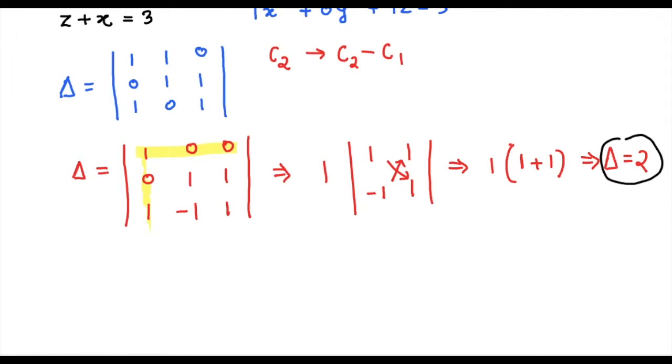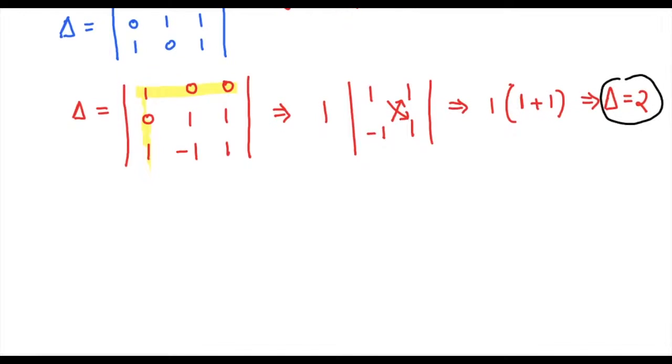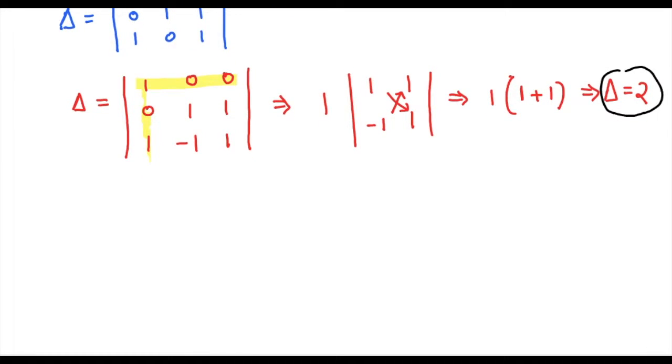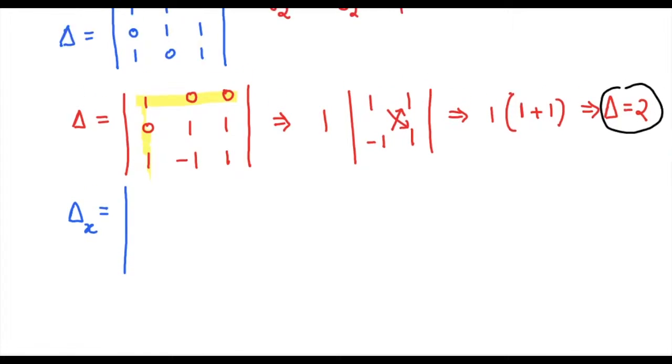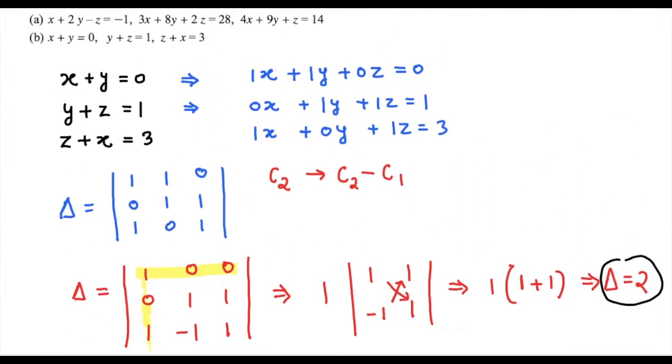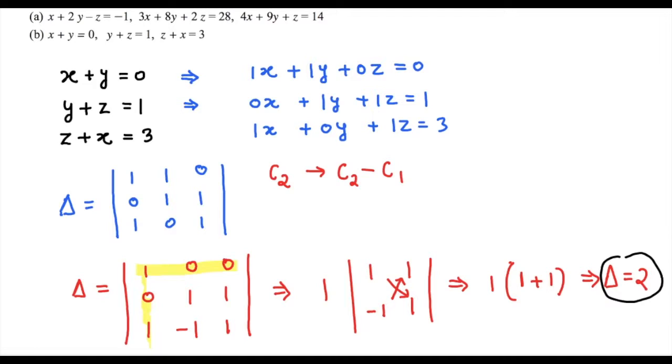Now we have to find the value of del x, del y and del z. Del is a finite number, so there will be finite solutions for x, y and z. So let's find del x. To find del x, in place of the coefficient of x, we will put 0 1 3.